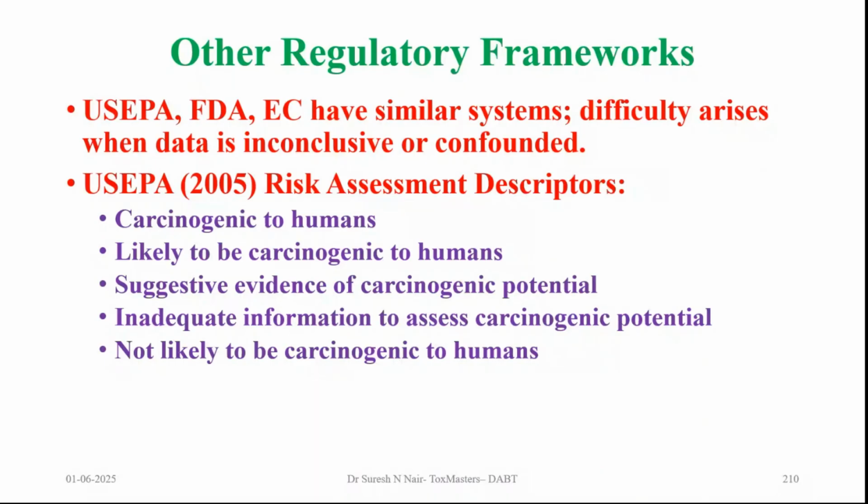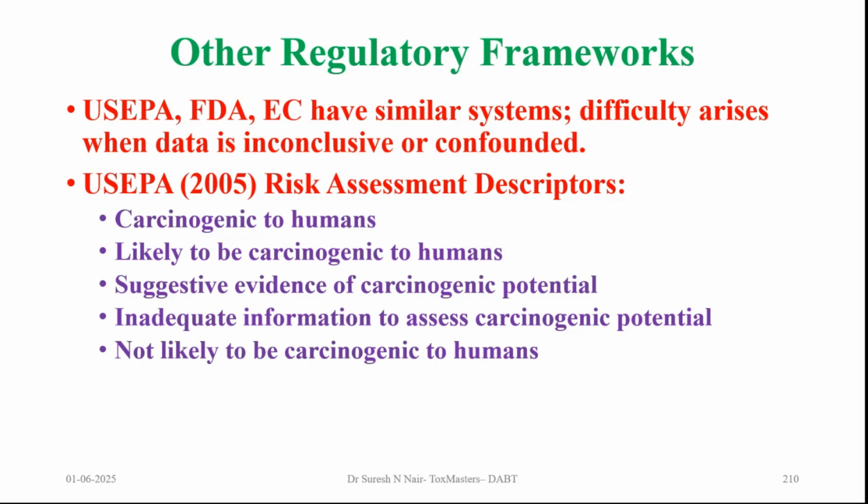And other regulatory frameworks include the US EPA and FDA. The US EPA 2005 risk assessment includes carcinogenic to humans, likely to be carcinogenic, suggestive evidence, inadequate information to assess carcinogenic potential, and not likely to be carcinogenic to humans.